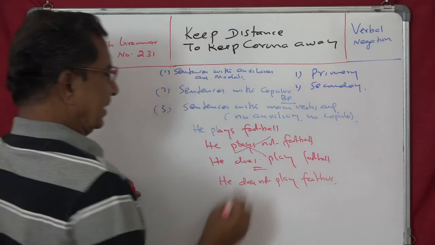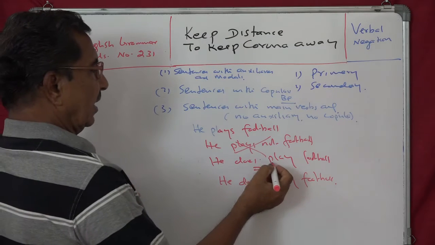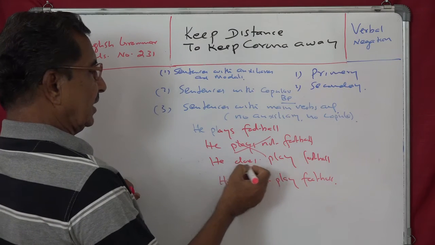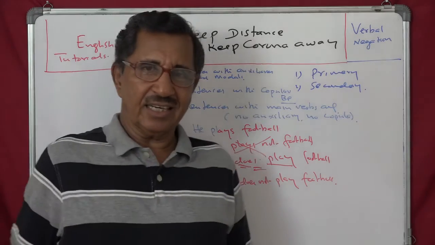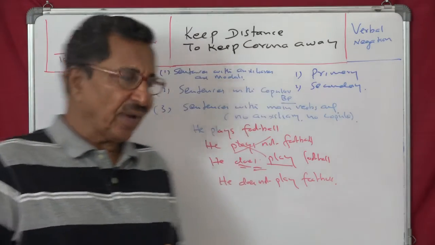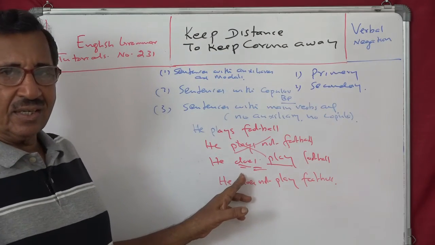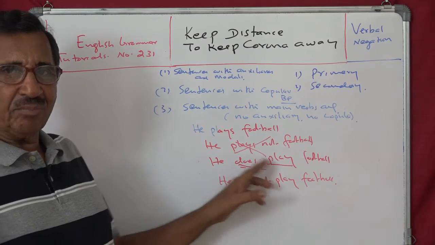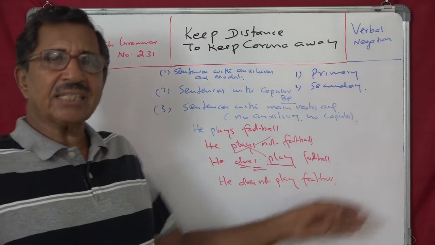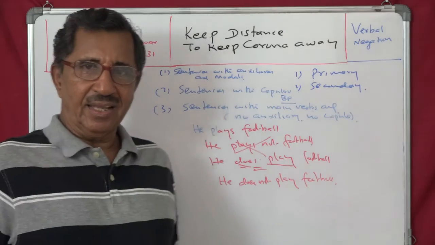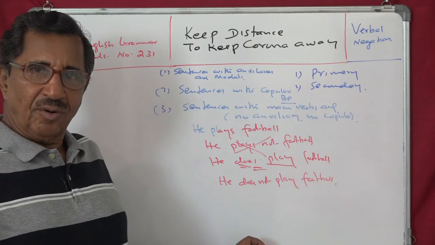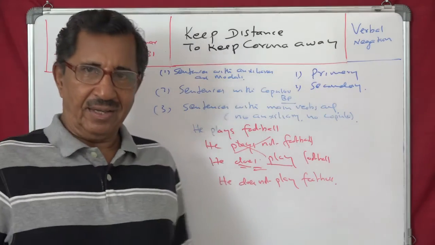Now what happens here is that when you use does, the main verb becomes a tenseless word, because tense is now carried by the auxiliary. He does play. So he does not play, doesn't play. He did not play, he didn't play. They do not play, they don't play.